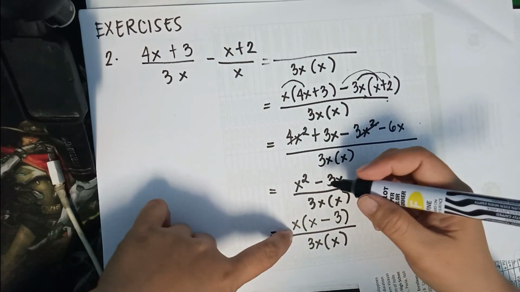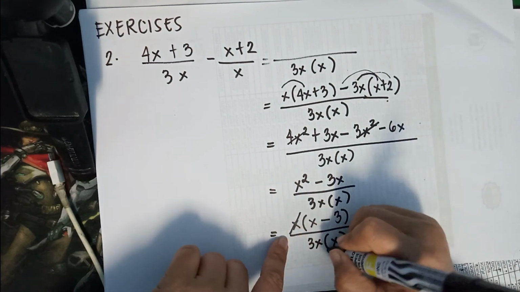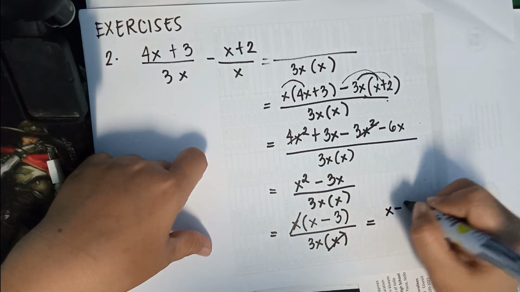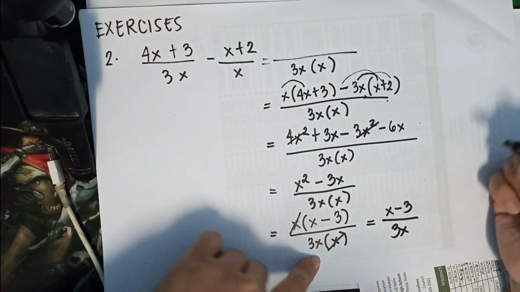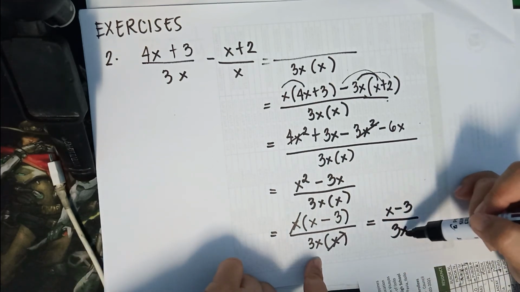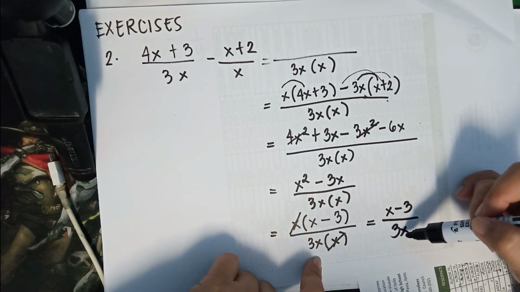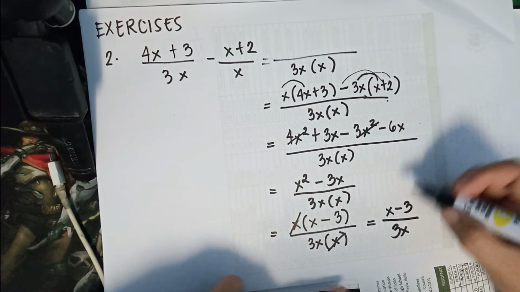Since x is a monomial and x is also a monomial, we can cancel out. And the remaining factors will be x minus 3 and 3x. And again, we cannot cancel out x and 3x because x minus 3 is a binomial and 3x is a monomial. Then our final answer is x minus 3 over 3x.